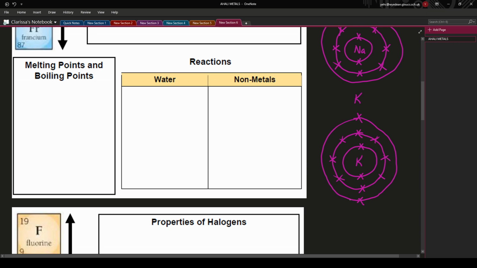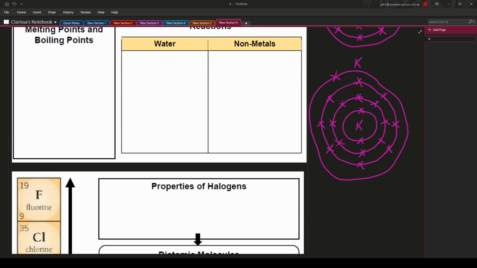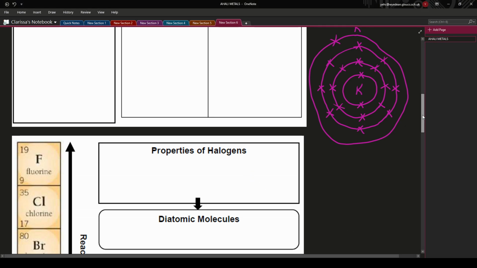And then another 8. Now I have 18 down, but remember I had 19 electrons that I need to put down. So once again, there's going to be 1 spare electron on the outside. We briefly touched on this yesterday. So group 1 elements, they all have 1 spare electron on their outermost shell.